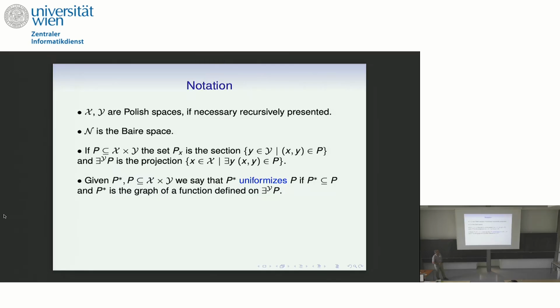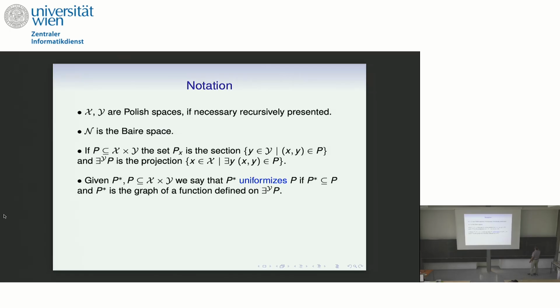And just for the record, what does it mean for P* to uniformize P? It means, first of all, that it's a subset of P, and it's the graph of a function defined on the projection of P. If we want to make a sketch here, it's pretty easy, I would say.